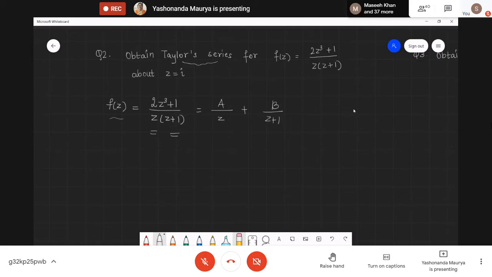Correct? I can write down the expression in this particular fashion, and then I can find the values of A and B. Correct? What are the values of A and B?